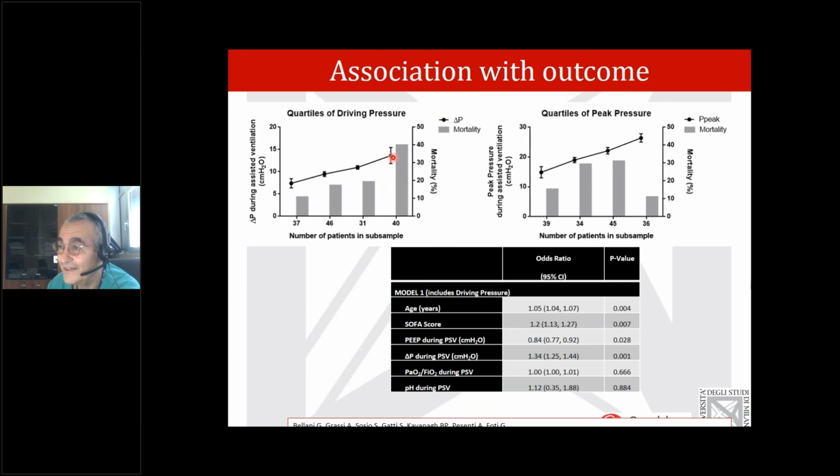The higher the driving pressure, 13, 14, the higher the mortality. And also in a multivariate analysis, the driving pressure during pressure support is an independent factor of mortality.